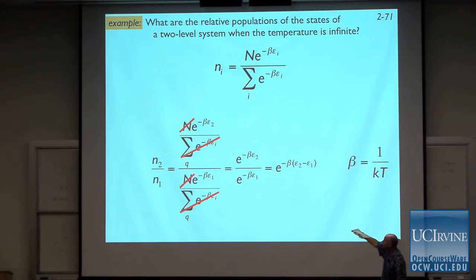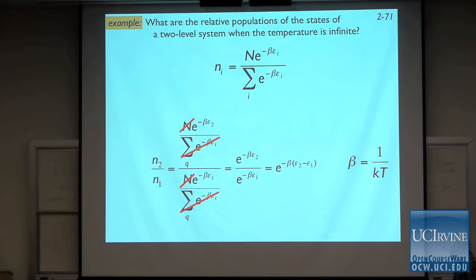So if I cancel terms, I'm asking about two states in the same system, so big N is the same. There's only one system here that has N molecules in it. This thing in the denominator, this partition function, is the same between these two terms. The only thing that's different is this exponential, and so I can just pull that out.